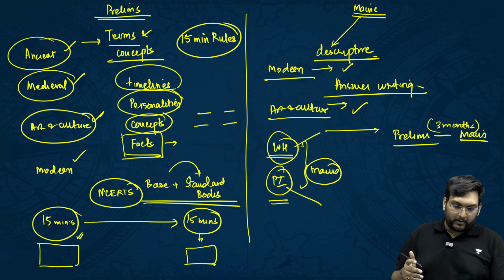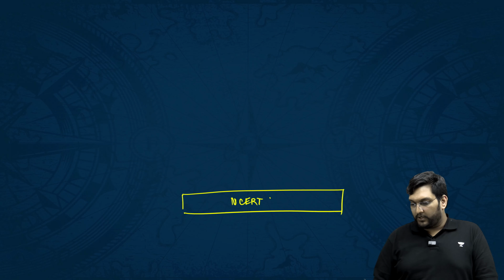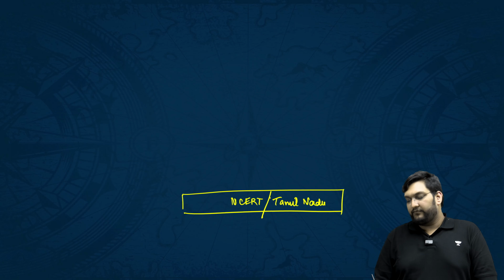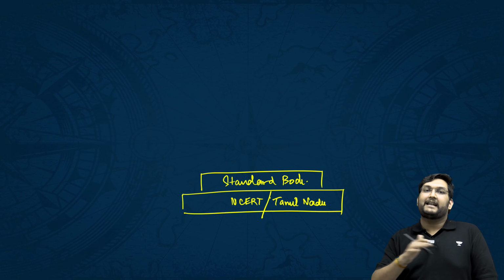Now, how do you go about the books themselves? You start with the foundational understanding, which is NCERT. If you want, you can substitute it with the Tamil Nadu board. The idea is you need foundational understanding. Once that is done, you move to the standard books. Here you would have to do one reading of both, and you will basically get an idea of everything.